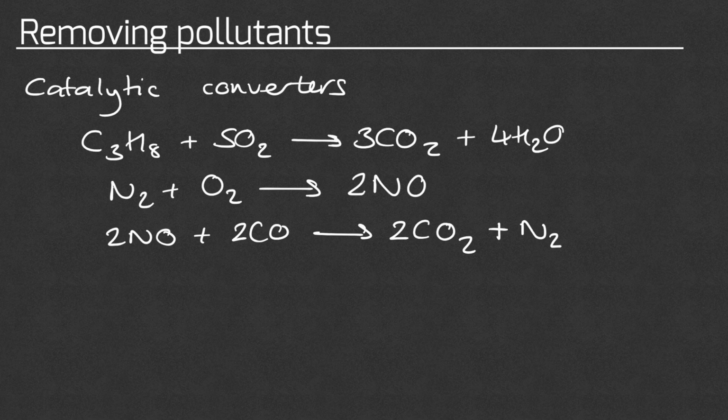The advantage of this process is it prevents nitrogen oxides and carbon monoxide being released into the environment. Obviously, carbon dioxide is a greenhouse gas and not ideal for the environment, but it's a much safer gas to be coming out of car exhausts, especially at ground level where people could be walking past, than carbon monoxide and nitrogen oxides, which are much more harmful.